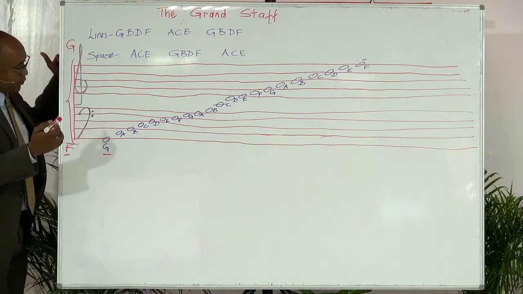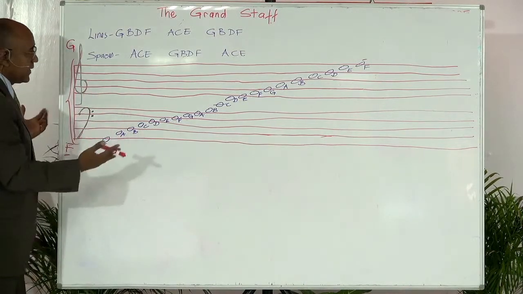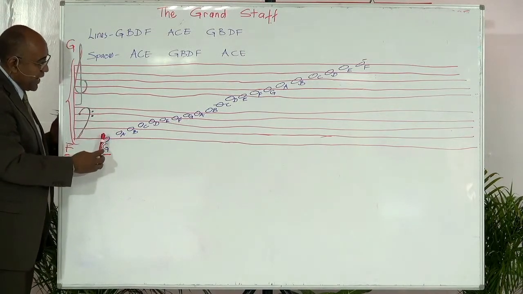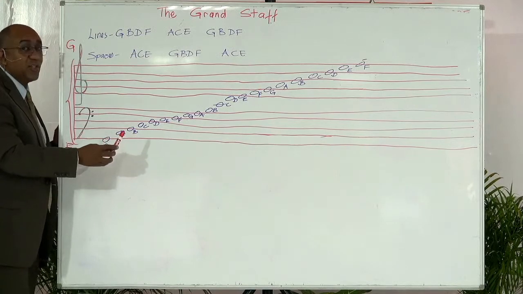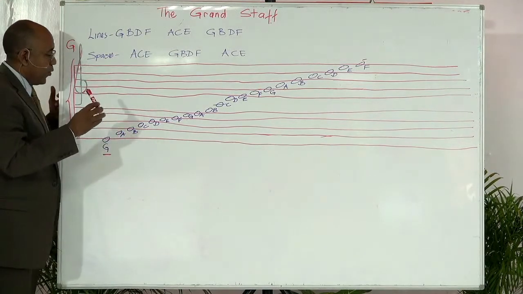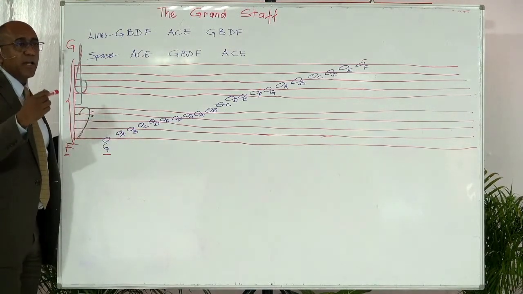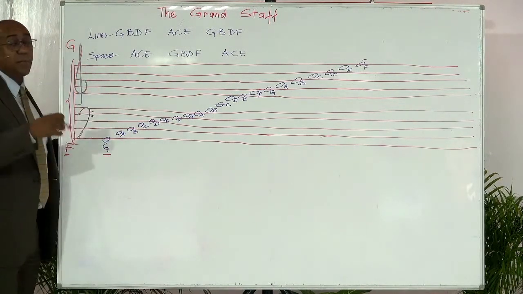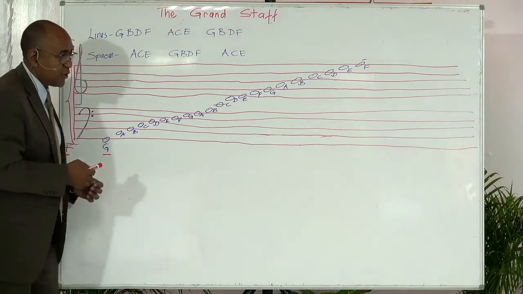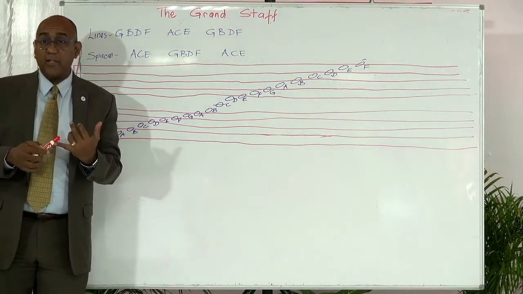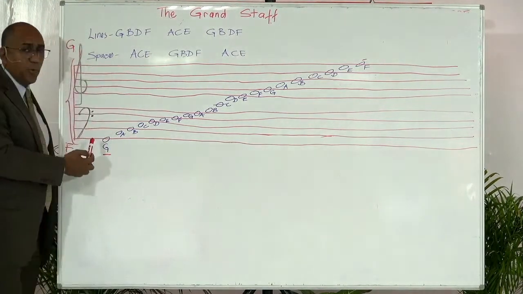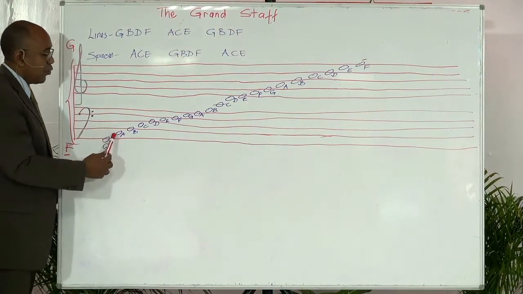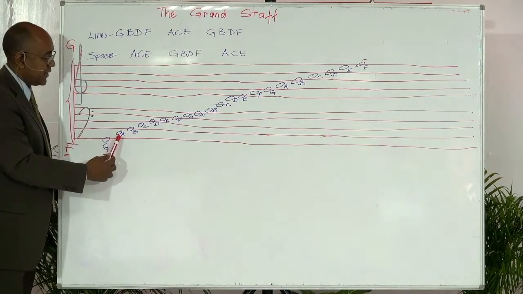Now we are going to review how it is that we look at the lines and spaces and remember them. So remember now, when you go from a line to the space just above it, it moves up 1 letter in the musical alphabet. The musical alphabet, of course, goes from A to G. So when we start at G here, that simply means we start over at A in the next space.